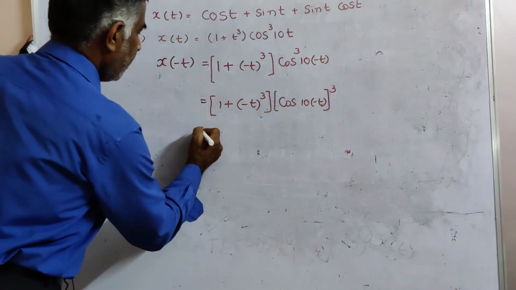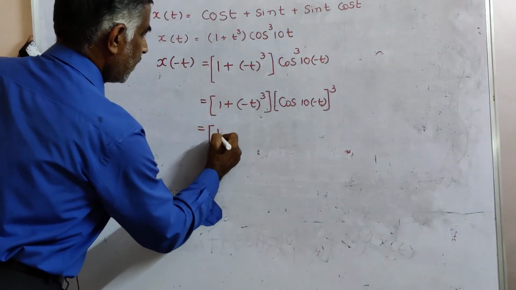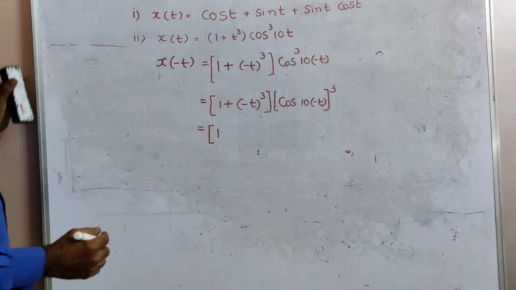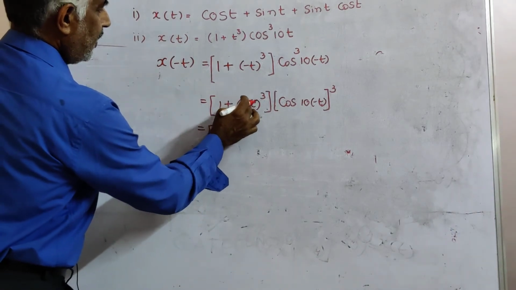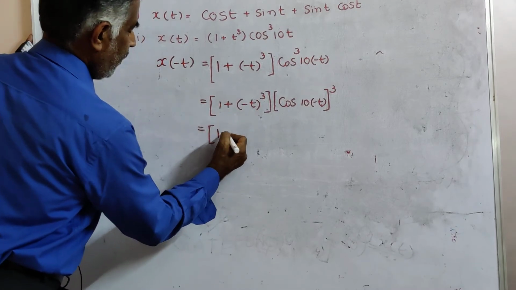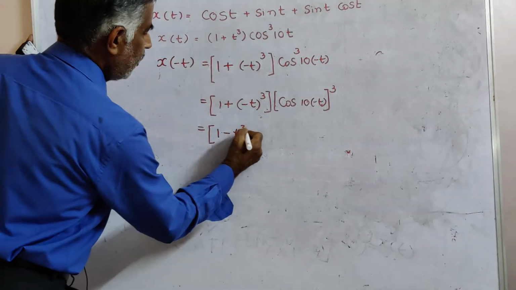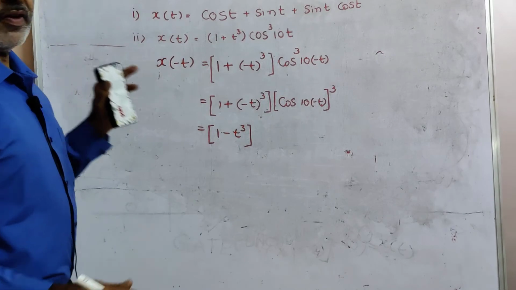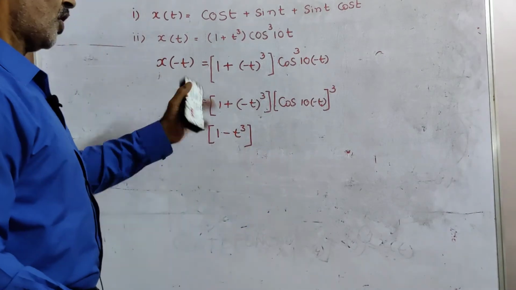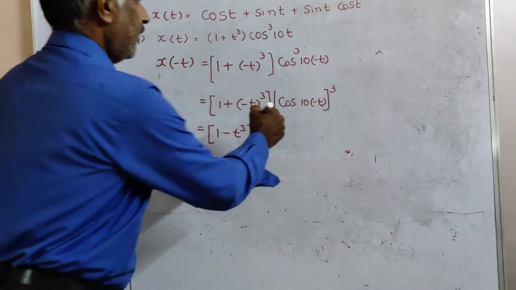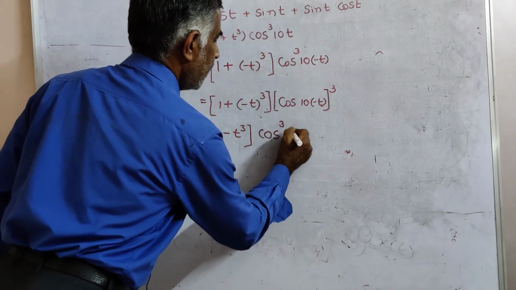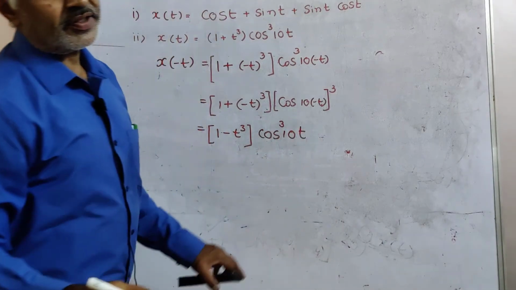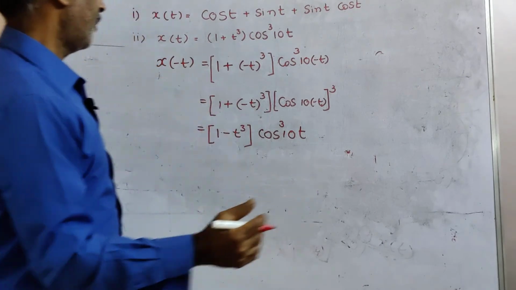We know that this is (1 - t)^3... sorry, (1 - t^3) into cos of minus theta is cos theta, and this amounts to cos^3 10t, because cos of minus theta is cos theta.